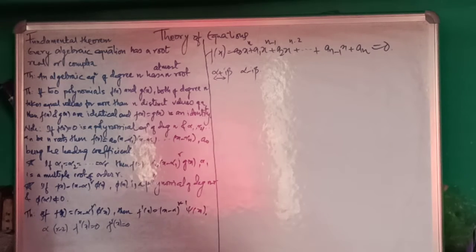That means complex roots always occur in conjugate pairs. You know conjugate pairs: alpha plus i beta and alpha minus i beta are conjugate pairs. So complex roots always occur in conjugate pairs. Remember that.